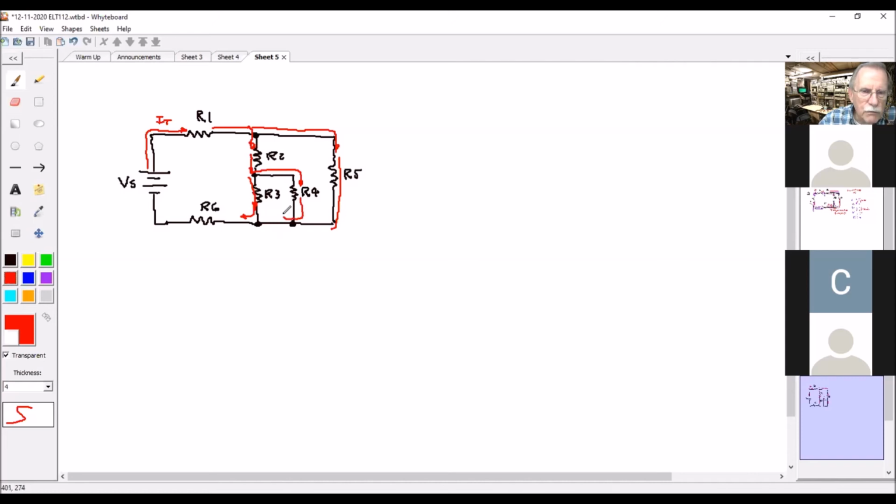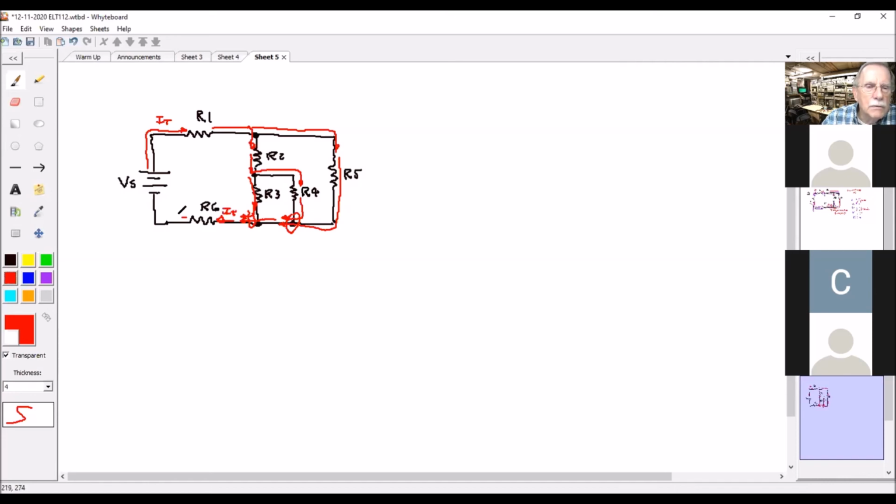Current that comes out of R4 goes over to here. Current that goes into R5 comes out of R5 and goes in this direction. At this point, these two combine to form one bigger current. And at this point, the current that came this way and the current from R3 combine, and those two combine to form IT.